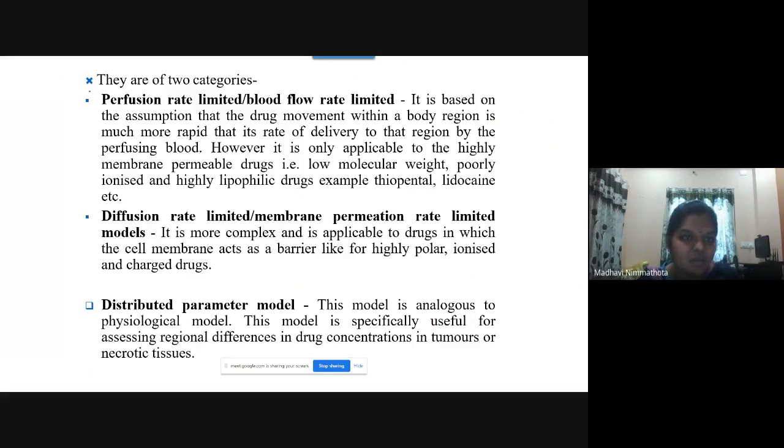These physiological models are of two categories: perfusion rate limited and diffusion rate limited. See here, perfusion rate limited. These are also called blood flow rate limited.